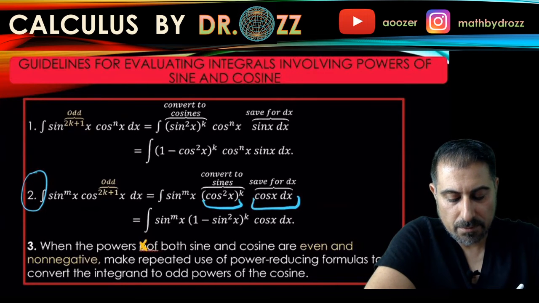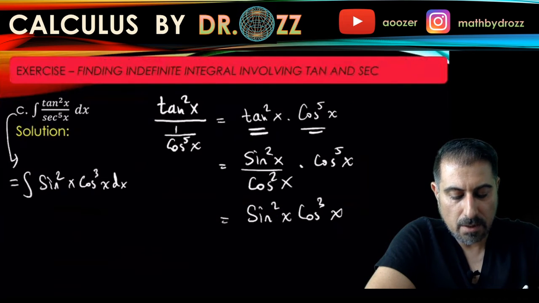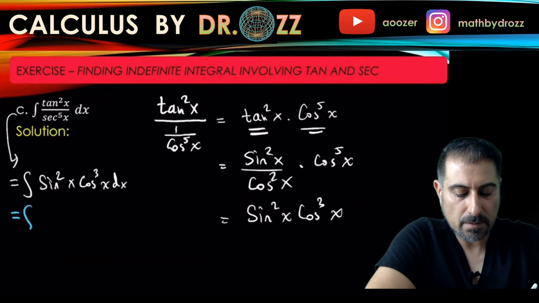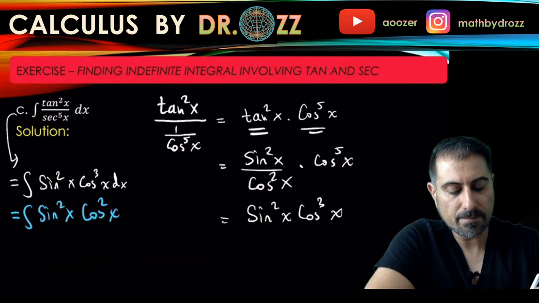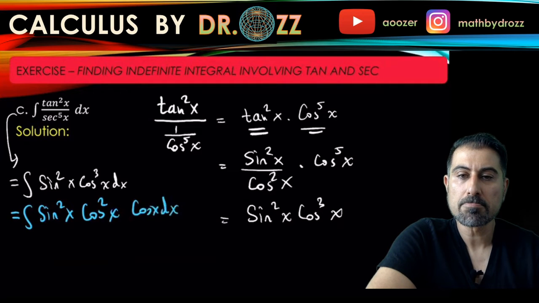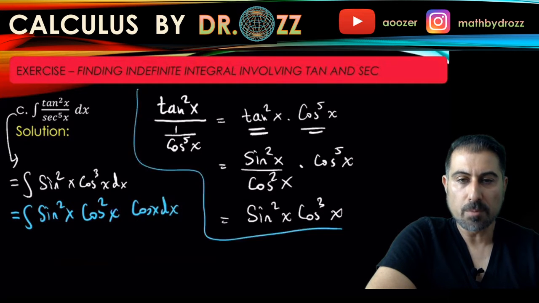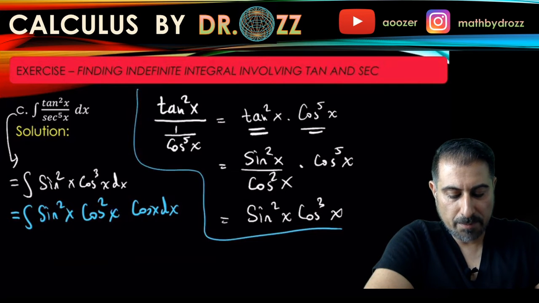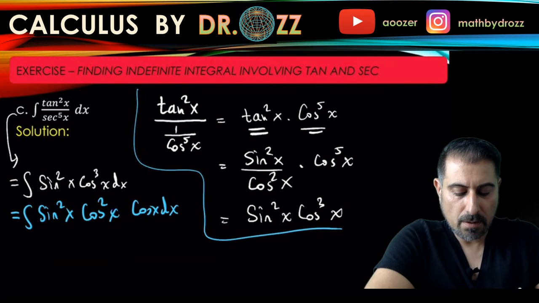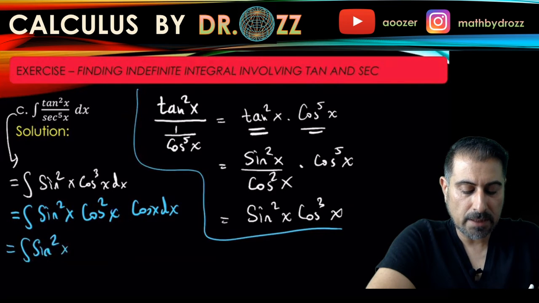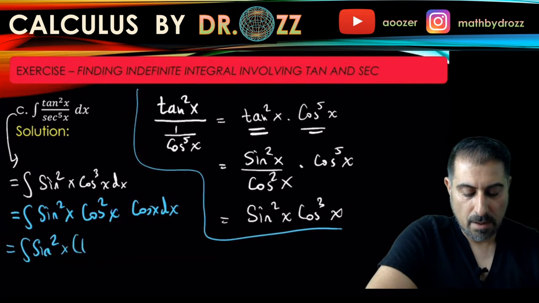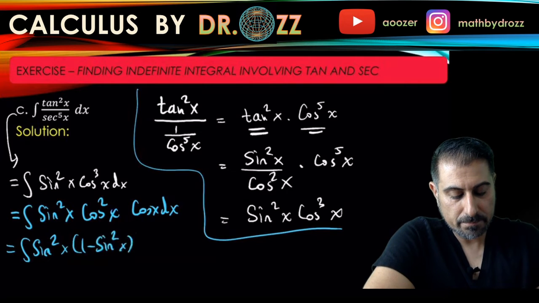I'm going to reserve 1 cosine x for dx. Let's put a border over there. All right, so I'm going to replace cosine squared x by 1 minus sine squared x from the Pythagorean theorem.